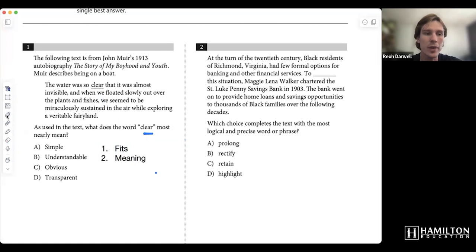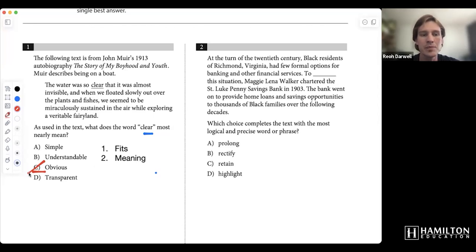For example, you can make something clear, right? Like, let's make this clear, like that, and have the right meaning. So obvious and clear both have the correct meaning. However, does it fit the context of the sentence? No, it doesn't. Obvious in this case means it's something we can look through to see the bottom.